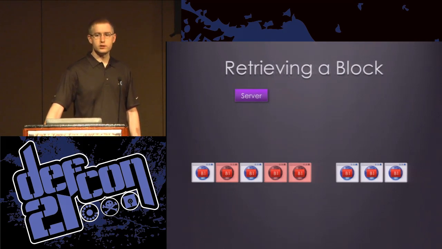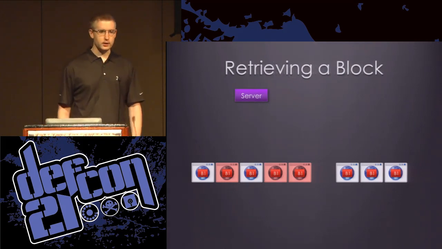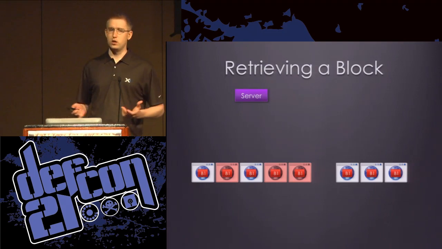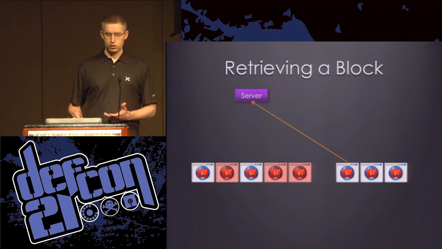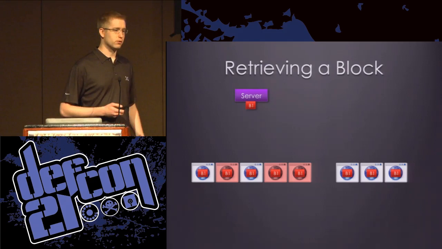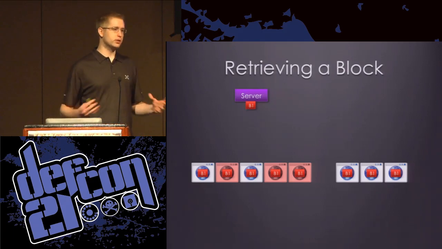Retrieving a block looks very similar. The server simply sends out a query to all of the nodes containing a particular block saying, hey, please send me this block, and the node sends it back up to the server. All of the nodes will send it back up.